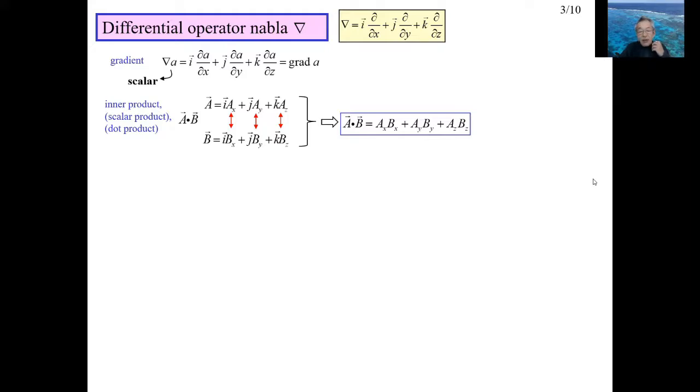In high school, A dot B is defined as follows, as shown in the figure. The vector B is decomposed into the component that matches the direction of the other vector A. The magnitude of the decomposed component is B cosine theta, and the inner product A dot B is defined as the product A B cosine theta, as shown in the red line frame.